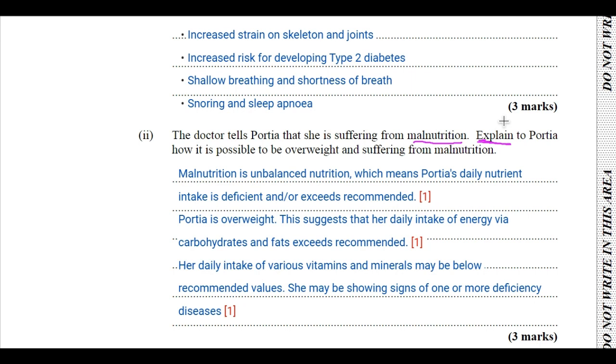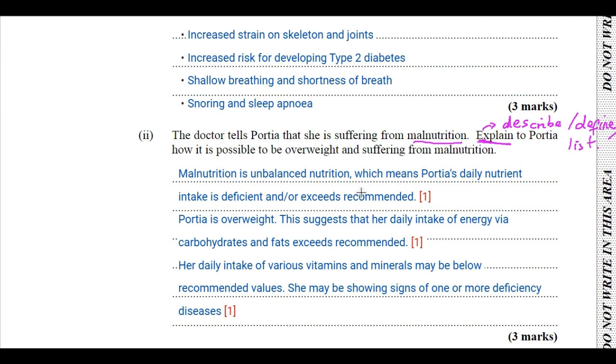So if you see explain, it doesn't mean that you just jump into it and start to explain. It includes describe, it includes define, it includes list, whatever is appropriate for that question.